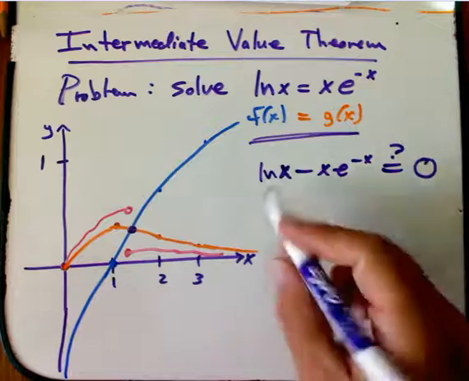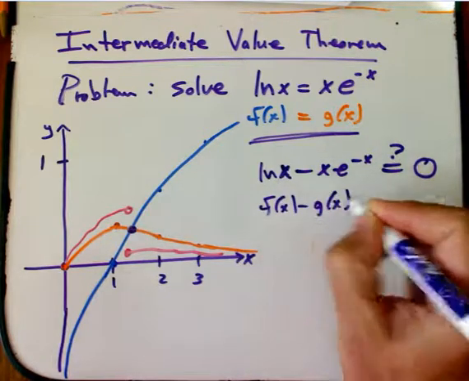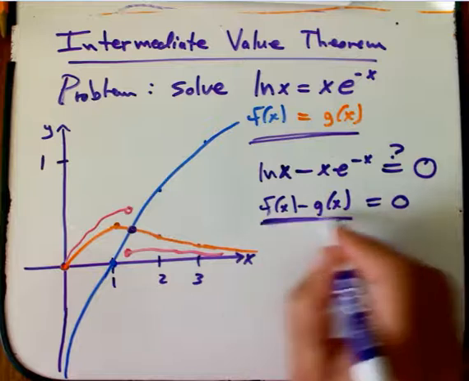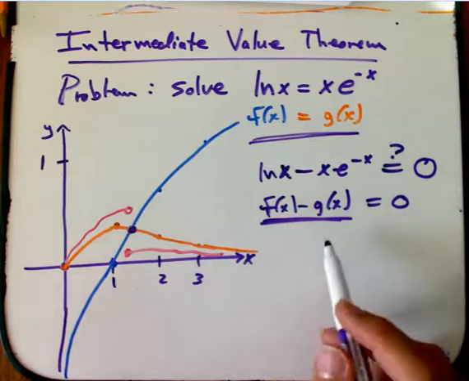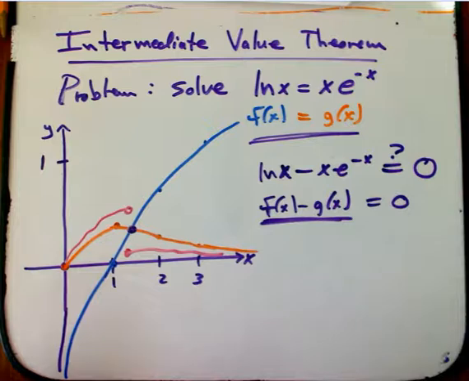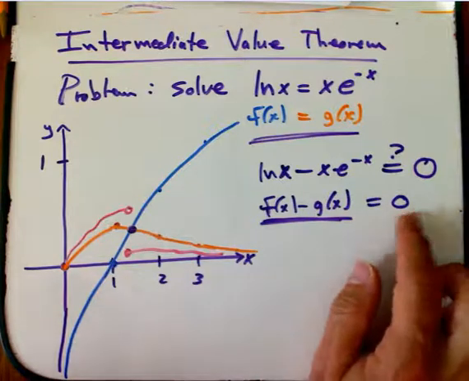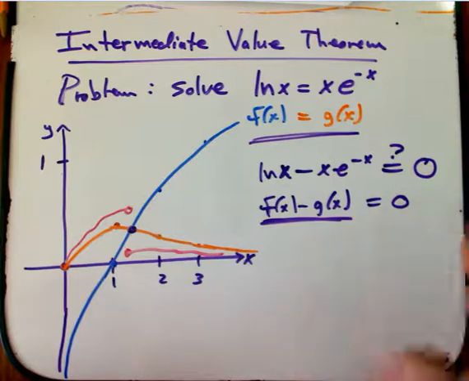Or in slightly more generality, take those two different functions, create a new function, and then all we have to do is ask, is it equal to 0? That's a slightly simpler version, and that's how you usually see the theorem phrased in terms of one function, and can I assert that it has to be equal to some constant value? You could even specialize to 0, but often that's left to be some unknown constant value.